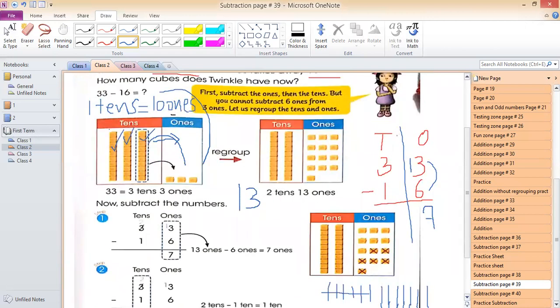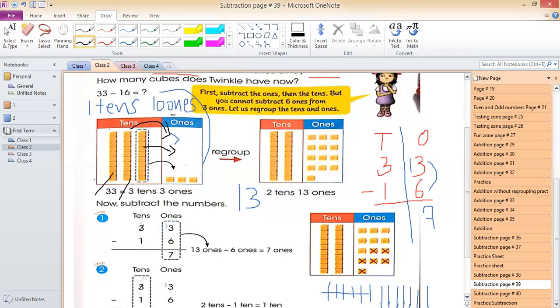Okay. Now, the second important thing. Because you have given 1 ten to the ones, there are not 3 tens now. Only 2 tens are left.